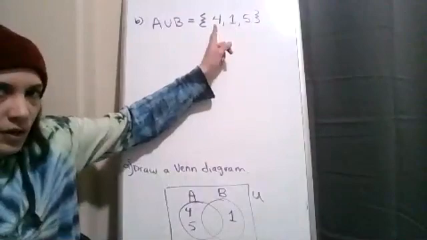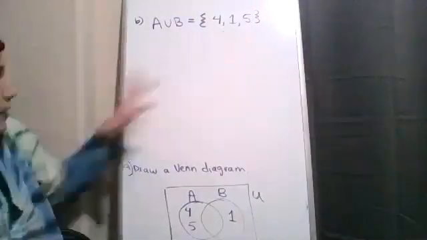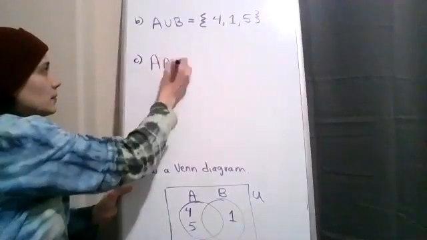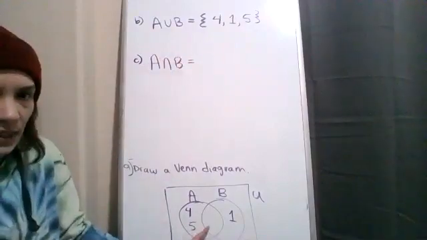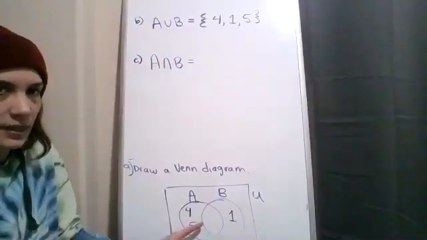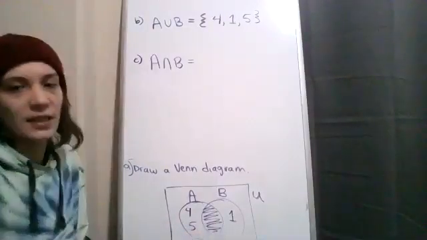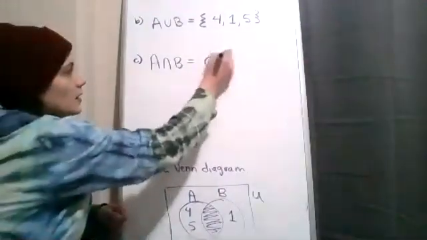You just don't have any repeats. Like you don't have to write 4 more than once. Okay. A intersect B has nothing inside of it. It's this part right here, or the set of elements in both A and B. So you have nothing there.